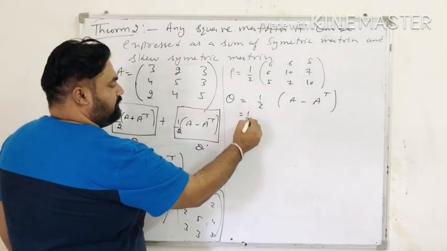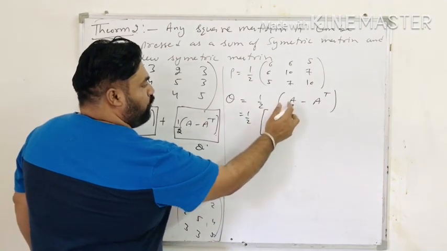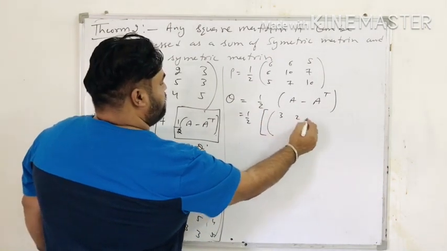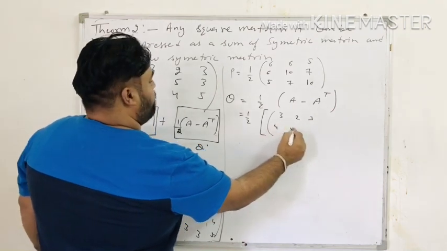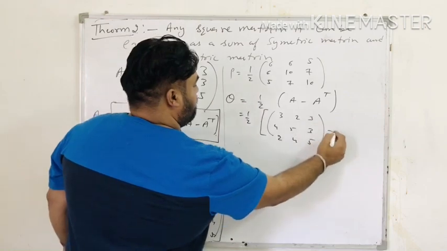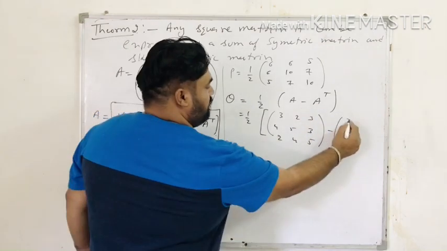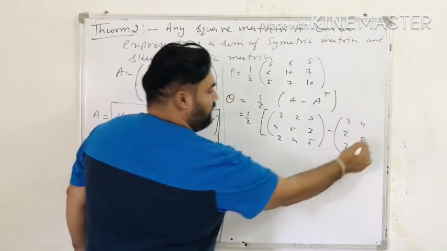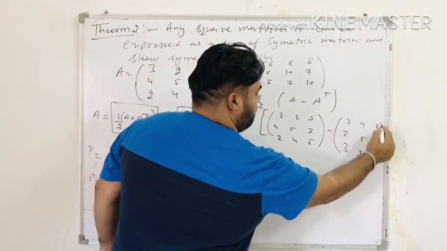Now half. What is the value of A? The value of A is [3, 2, 3; 4, 5, 3; 2, 4, 5] minus A transpose.